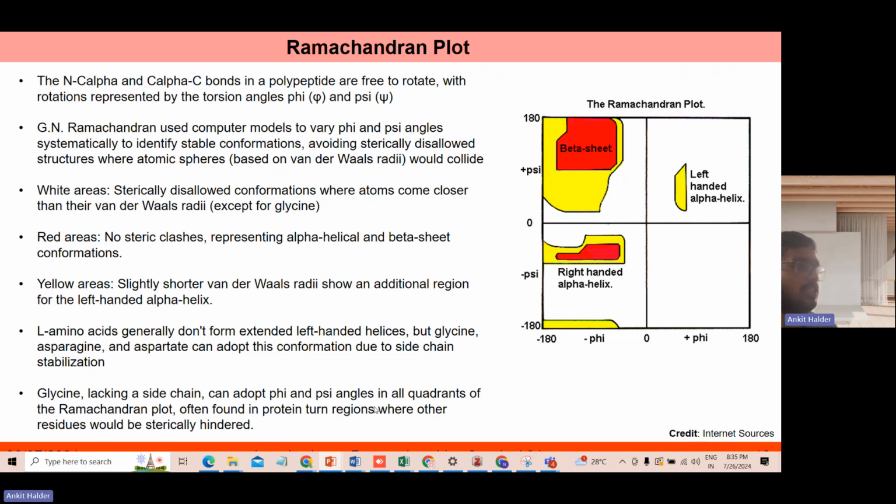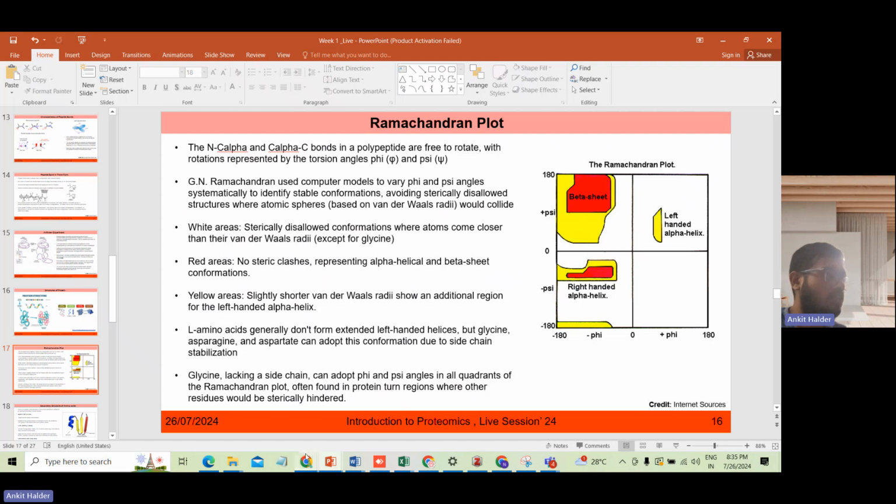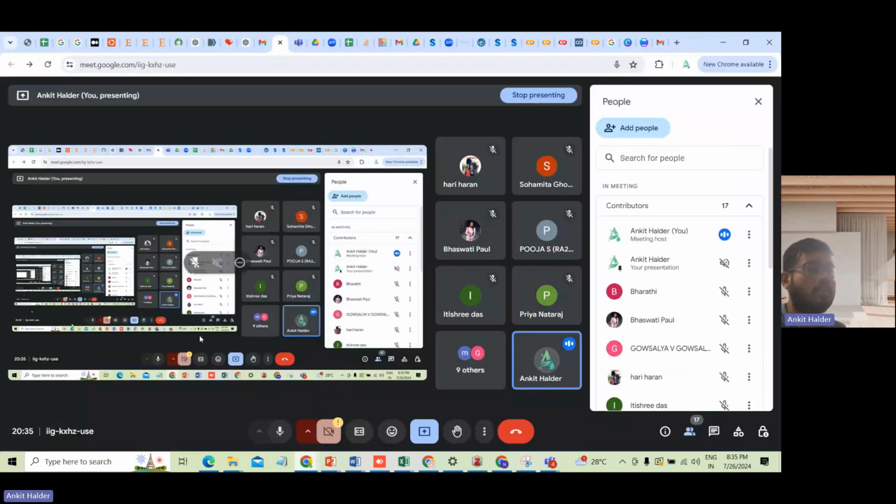So if a question comes in any examination asking which particular amino acid can be present in all four quadrants of the Ramachandran plot, please remember that glycine is the only amino acid that can be present in each of the four quadrants, because of its simple nature.